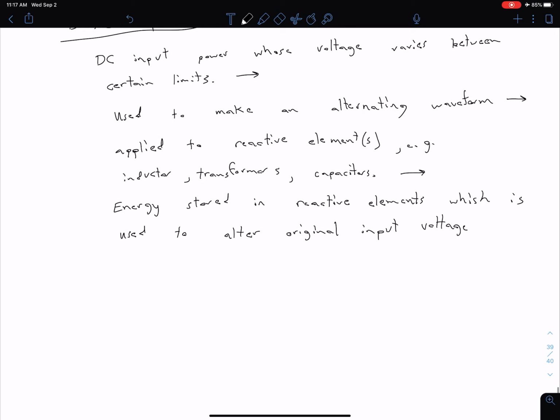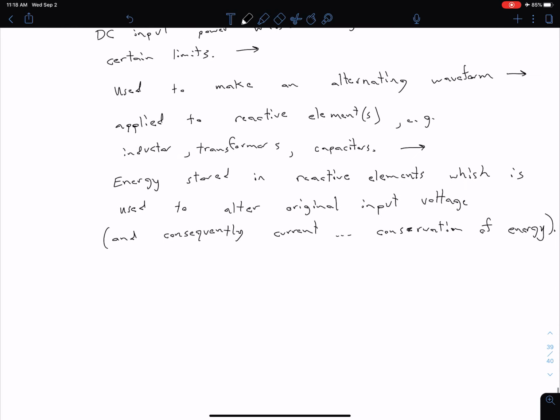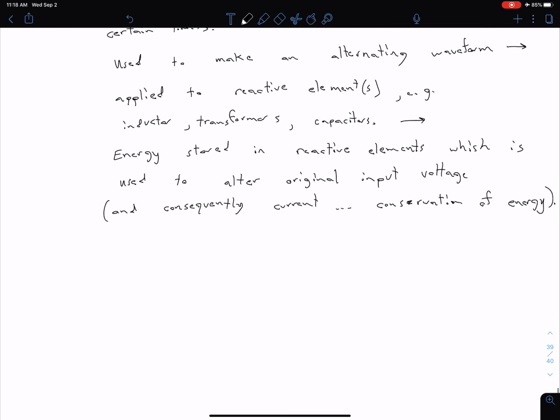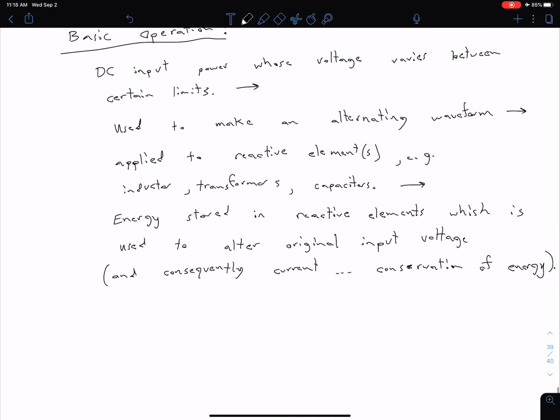And consequently, we've talked about this idea of conservation of energy, so if we're altering the voltage, we're also altering the current. That's just from our conservation of energy. And we might need some additional filtering with these circuits in order to clean up the final product, but we'll talk about that for our specific cases.